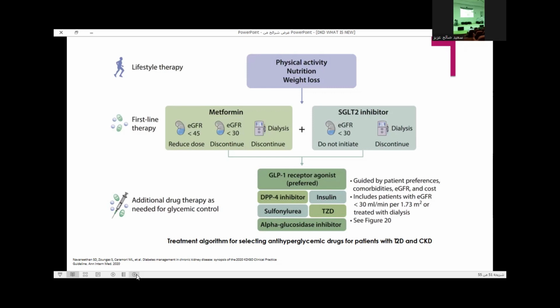And we can see from the picture, the metformin, we cannot use it if the patient has GFR less than 30. But for the SGLT inhibitor, we are not supposed to use it if the GFR is less than 20, or if the patient has already started on dialysis. And GLP-1 receptor agonist is still the preferred second line therapy.